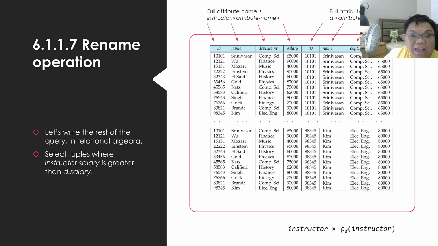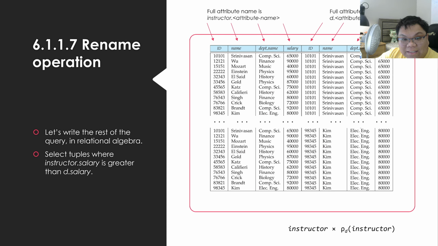And then Wu, and then Srinivasan's information. Mozart, and then Srinivasan's information. This looks like a mess, but bear with me here. We have combined tuples from the Instructor relation with itself in every possible way.